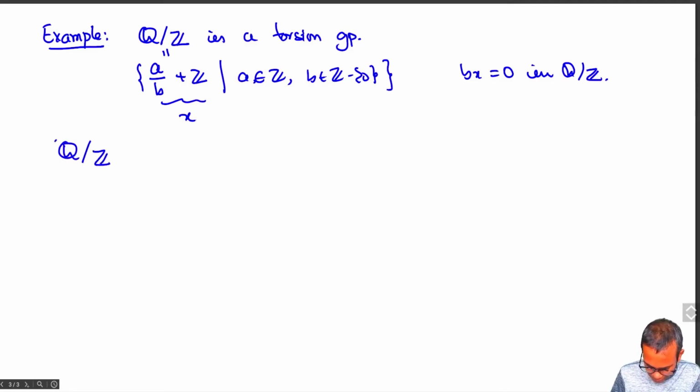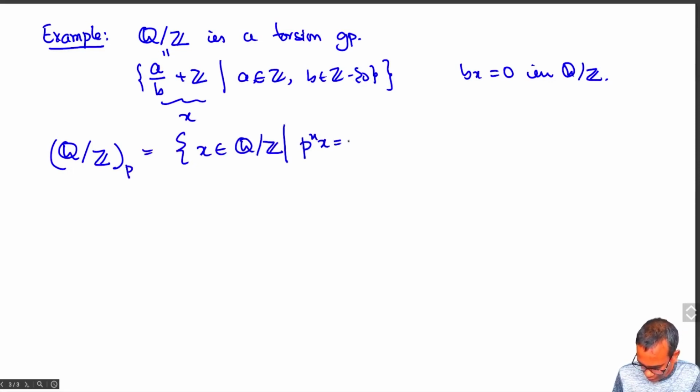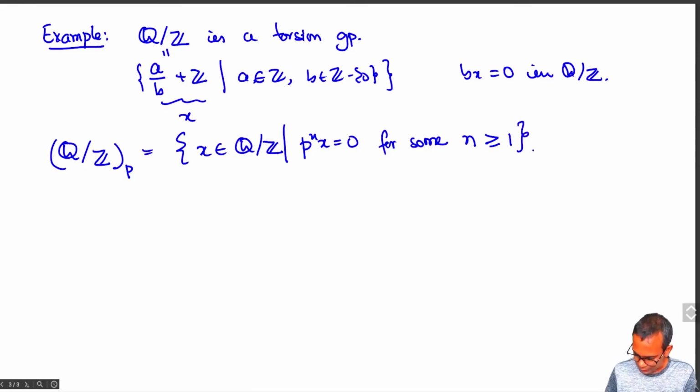Q mod Z_p is defined to be x belongs to Q mod Z such that p^n x equals 0 for some n greater than or equal to 1. Or we could say some n greater than or equal to 0 if you like. Okay, so that is a subgroup, or a submodule, if you want to think of them as Z-modules.